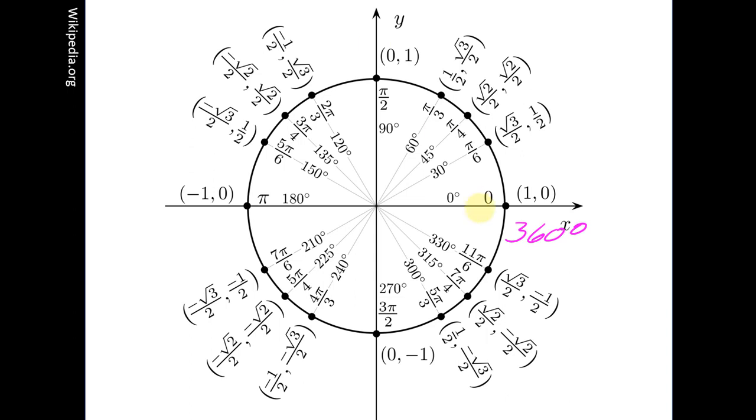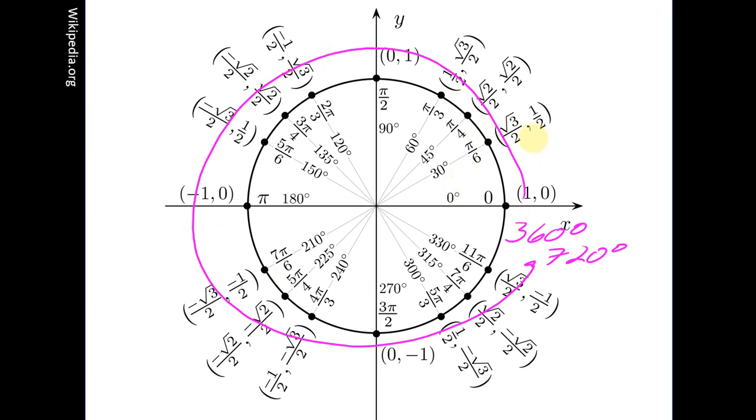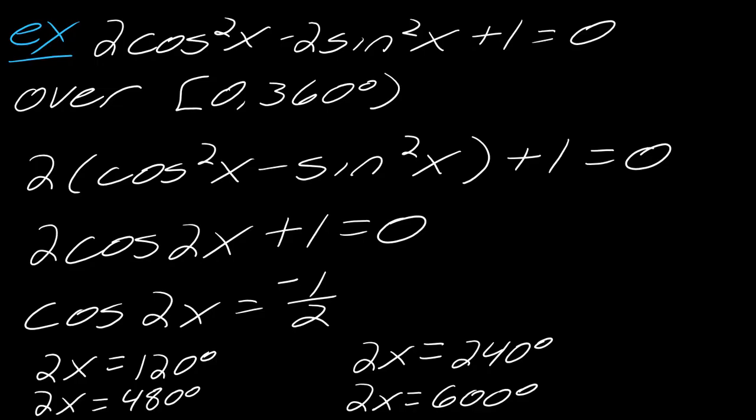So from here to here, this is 360 degrees, right? So how do I get to 720 degrees? I just make one more round around the unit circle. So those 2 solutions that I found from earlier, now if I want to take those out to 720 degrees, I just add 360 to those solutions. And so now I actually have a whole set of solutions. So 120, 240, 480, and 600.